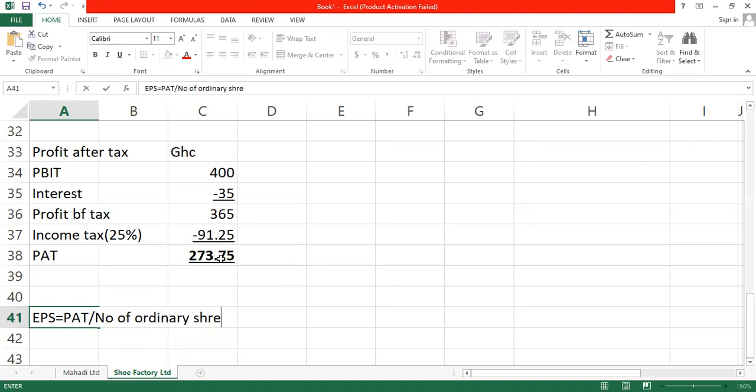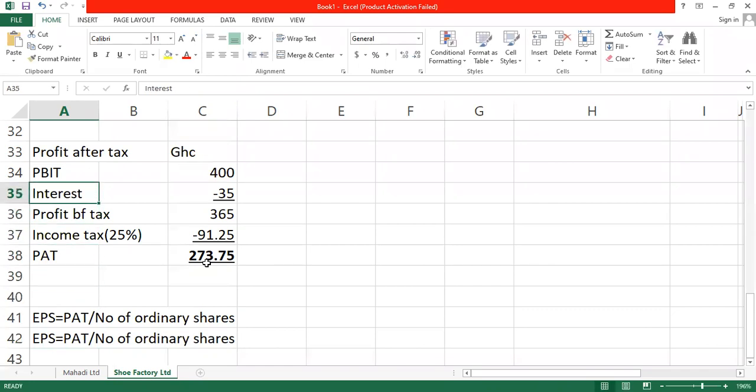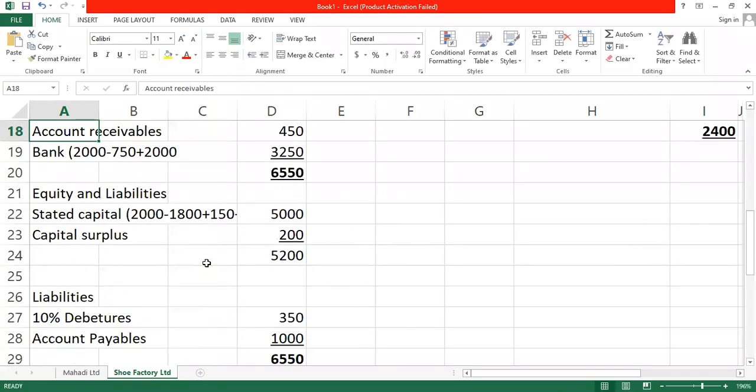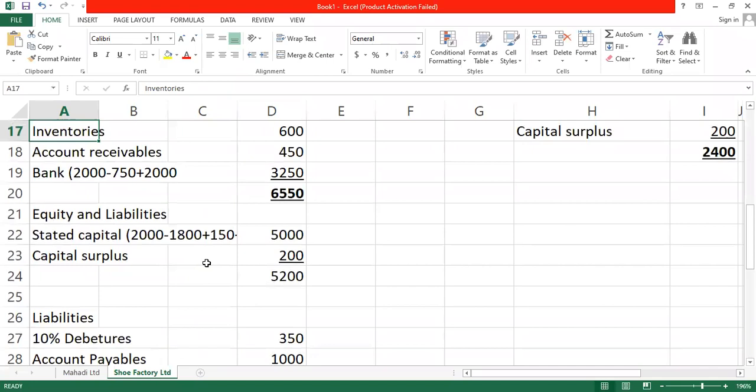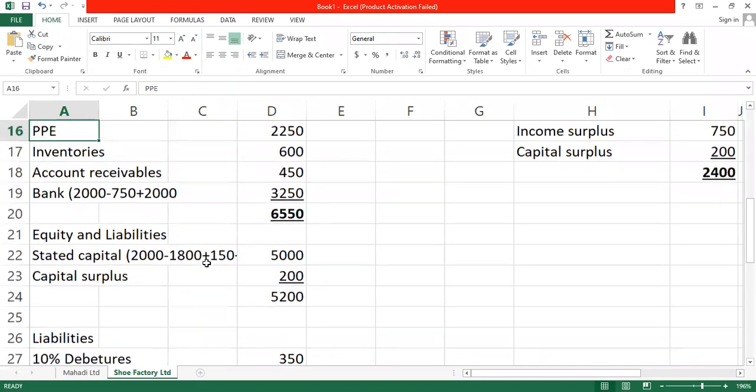What is the number of ordinary shares now? Someone is saying 5,000. No, that 5,000 is the value. What is the number of ordinary shares now? 5,000.